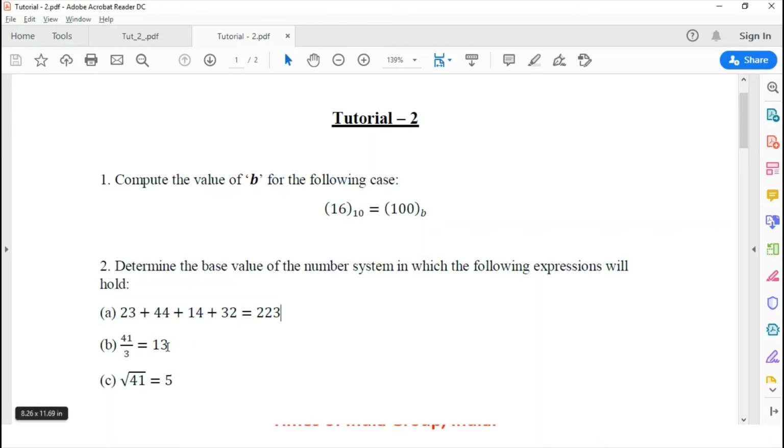Now let us discuss another example that is given as 41 divided by 3 is equal to 13. Okay, so similarly you can assume the base system b and represent each and every number in that base b representation. So 41 will be represented as 4b plus 1, then we can have 3 as it is, because 3 multiplied by b to the power 0 will be 3 ultimately, and this 13 can be represented as b plus 3.